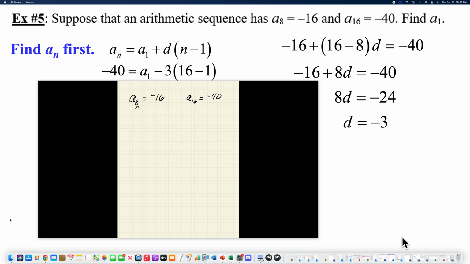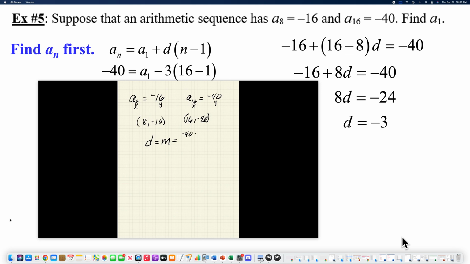That's your n, and then that's your, if you will, a sub n or y. So, okay, stop. I'm going to think of this as my x, this is my y. I have 2 points. Now go find your d, which is technically your slope.